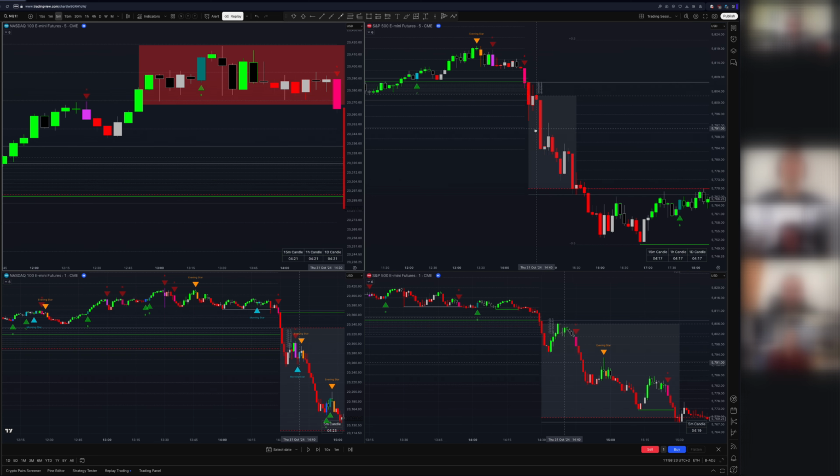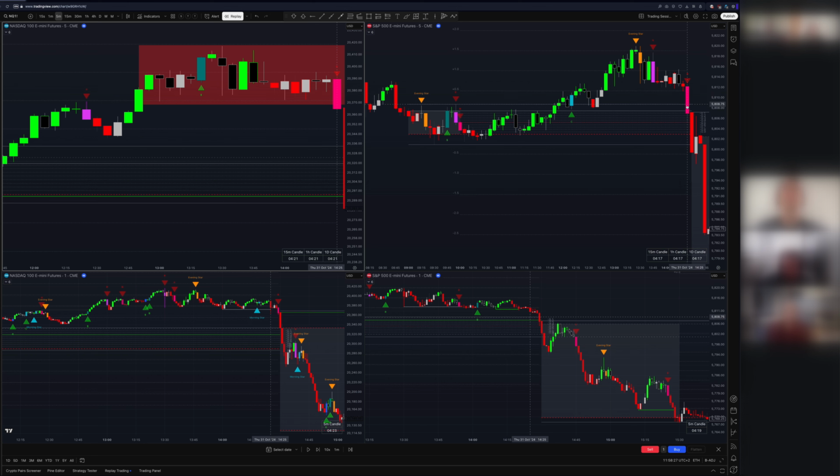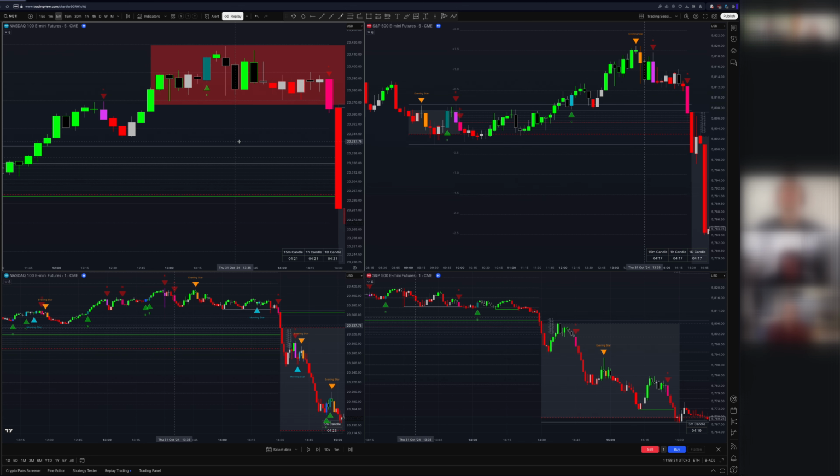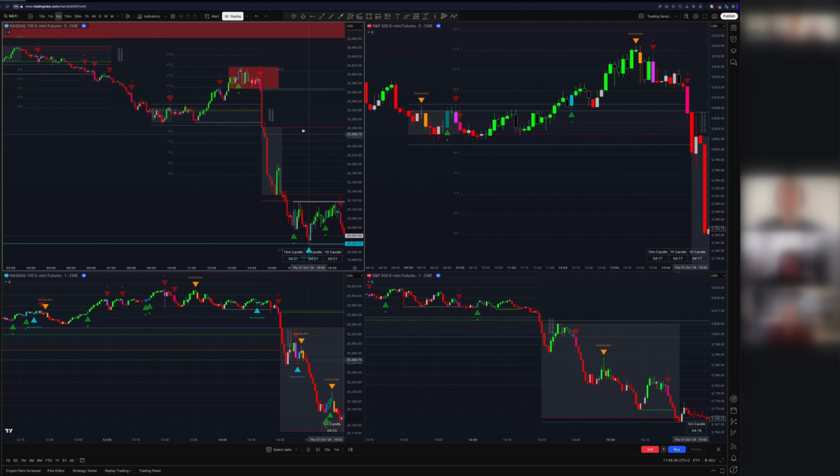And it was the same on Nasdaq and on NQ. Plus, it was one bar before the opening range of New York. I was hoping that New York will continue the trend downwards, that New York will fulfill the bearish bias.